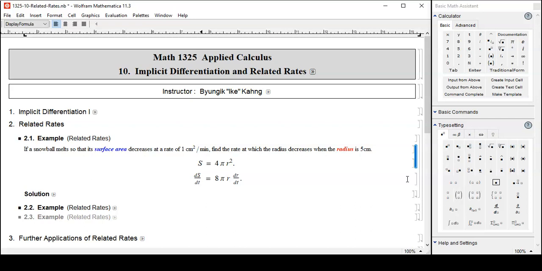We have a problem. But then again, something is equal to 1, something is equal to 5. The problem gave you 2 of them. Out of 4 variables, S, r, ds dt and dr dt, yes, there are 4 variables. This problem gave you 2 of them. So we're going to be down to only 2 unknown variables with 2 equations. We can do it.